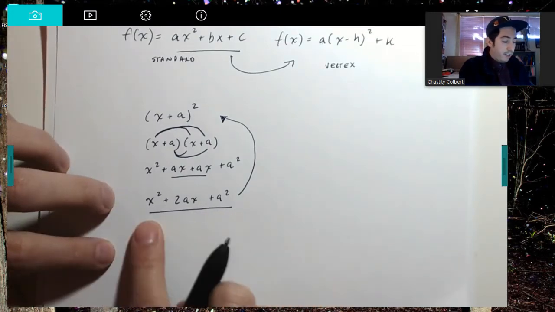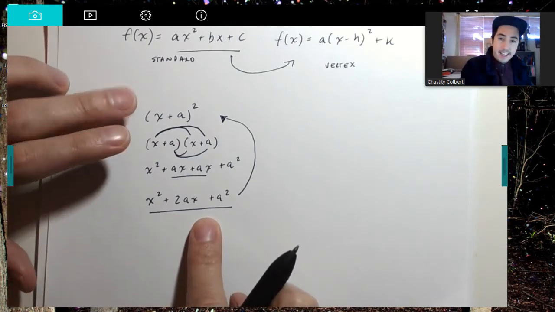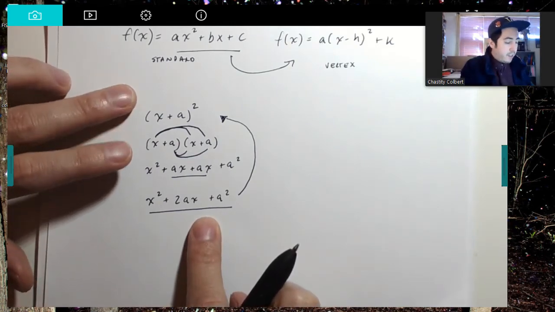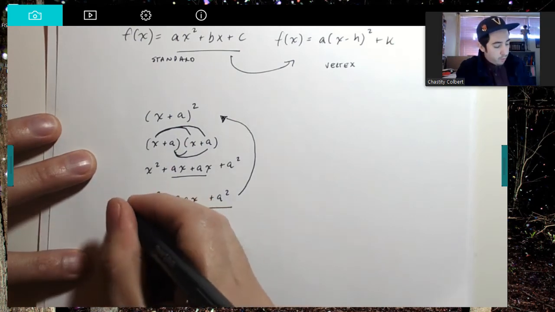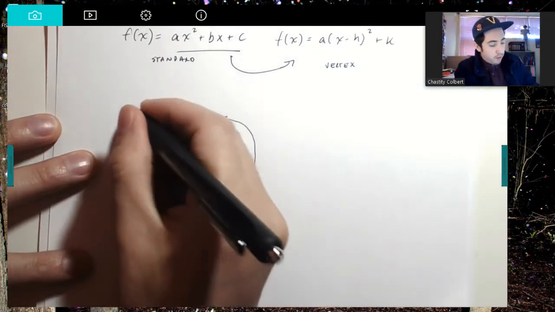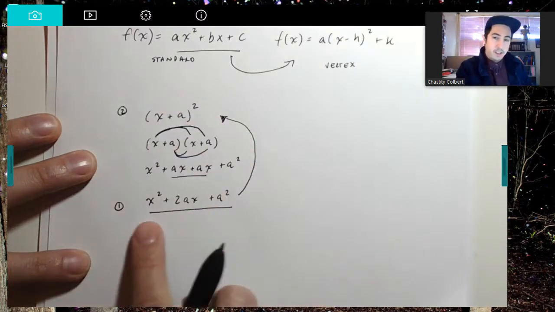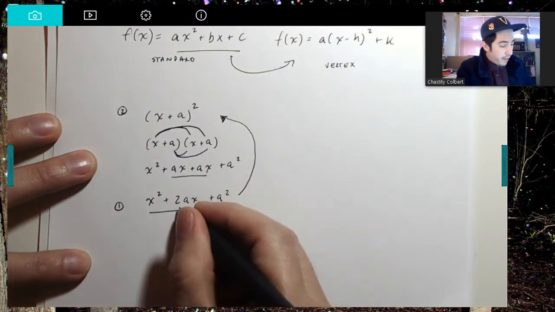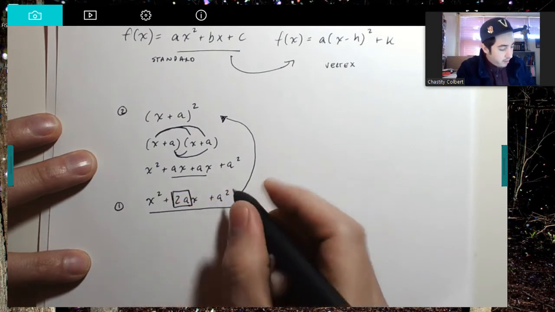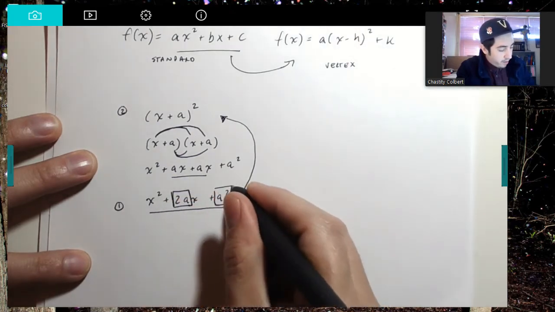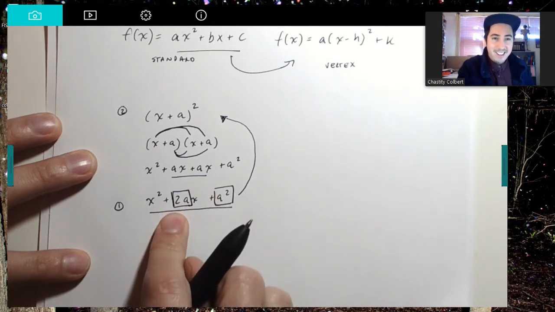The key to going from form 1 to form 2 is that I need to know what a is. Notice there's 2a here, and a squared here.